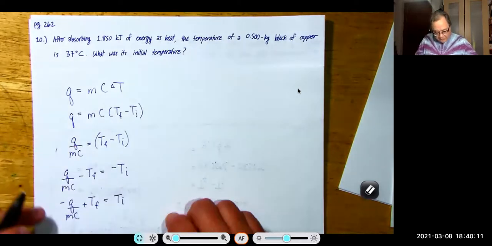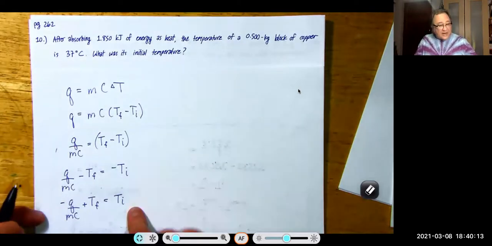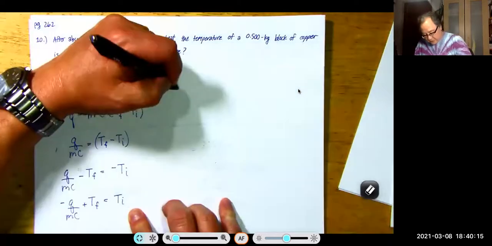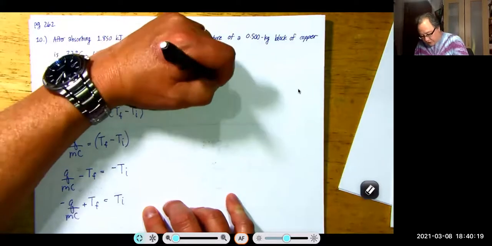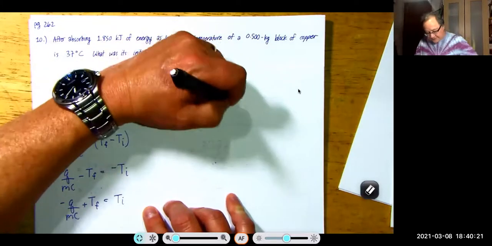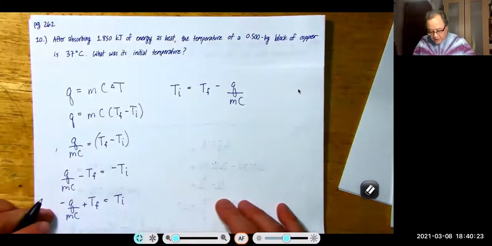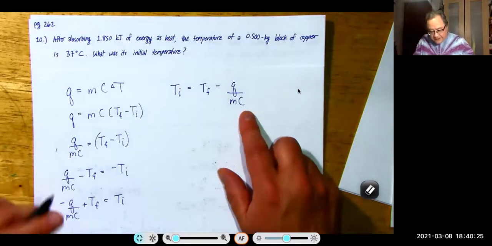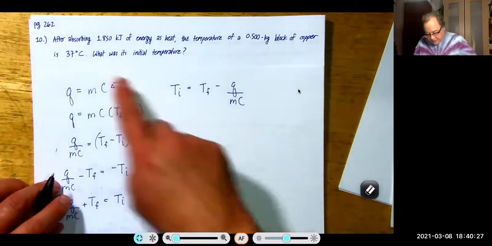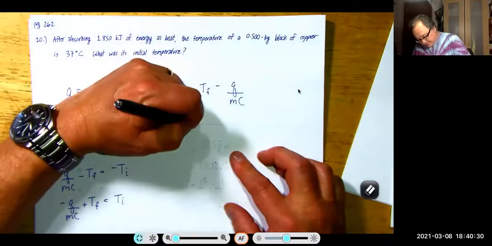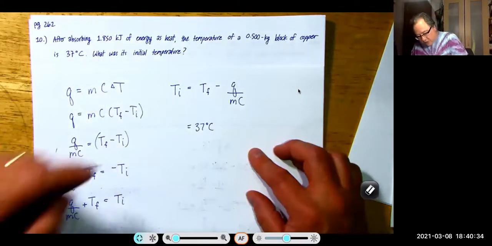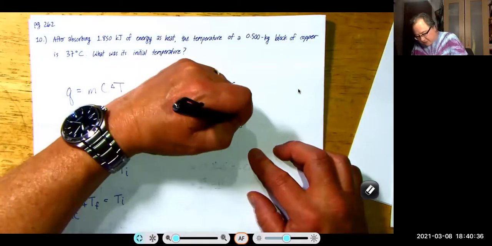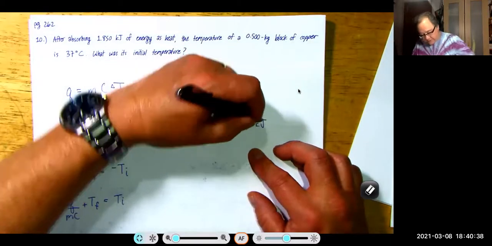So here, stepwise, I've shown you how I've isolated Ti. So T initial is going to be T final minus Q over MC. So here we need to know the final temp, which is 37 degrees Celsius. We need to know the amount of energy, which is 1.850 kilojoules.